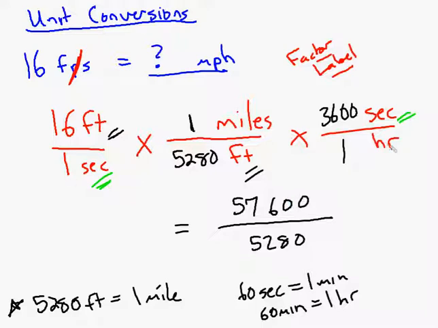And then I do bottom times bottom. Then I get this fraction. This fraction will mean to divide. So I do the final step, top divided by bottom. 10.909091. So 10 point what? 9. Okay, so it's 10.9 miles per hour.